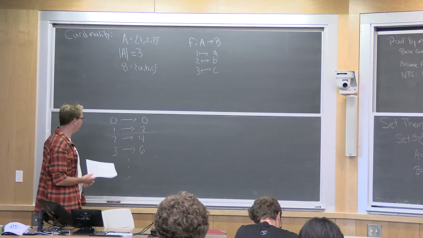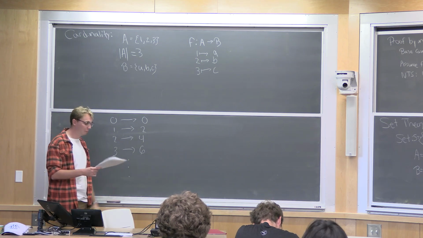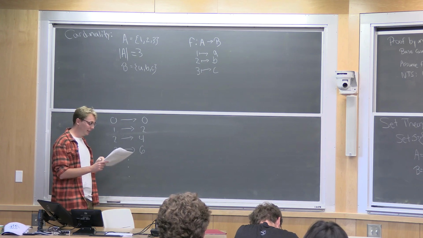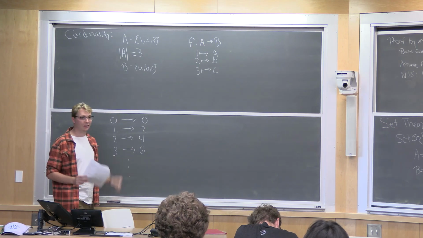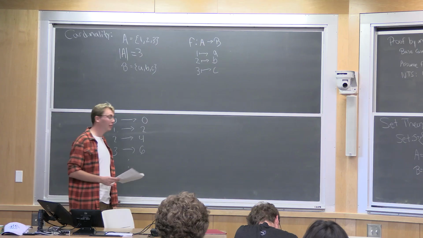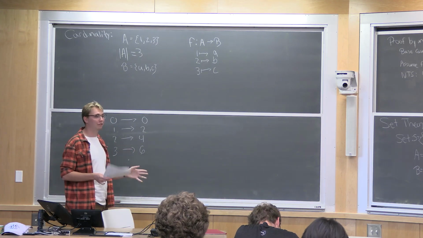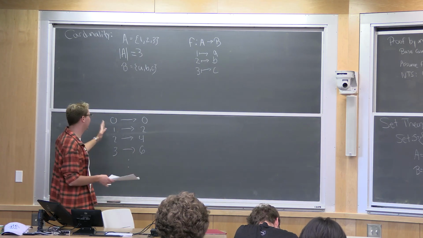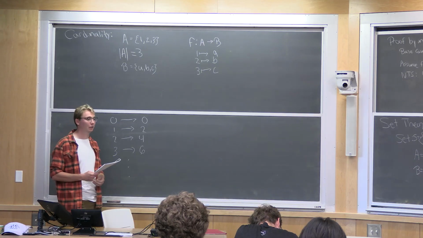So this also goes for the odd numbers. And interestingly, the integers are also the same cardinality. We'll define countably infinite as anything which is the same cardinality as the natural numbers.